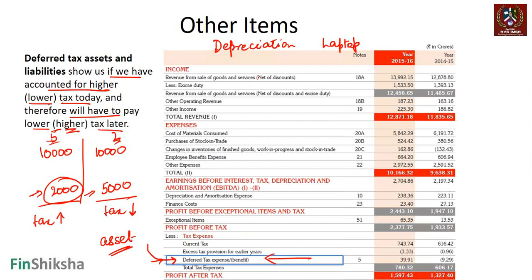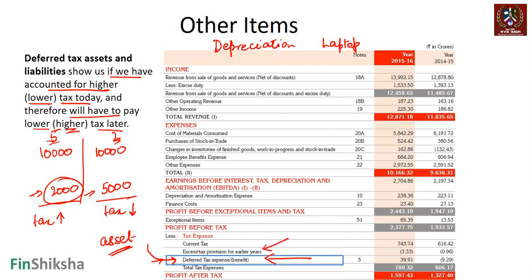When we look at the balance sheet discussions, we will realize that this item also appears in the balance sheet on either the assets or liabilities side. That's when we'll probably explore this in a little bit more detail. For now, our understanding is that this is a little bit extra tax or lesser tax that you've paid, and an adjustment to the current tax is made on account of that.